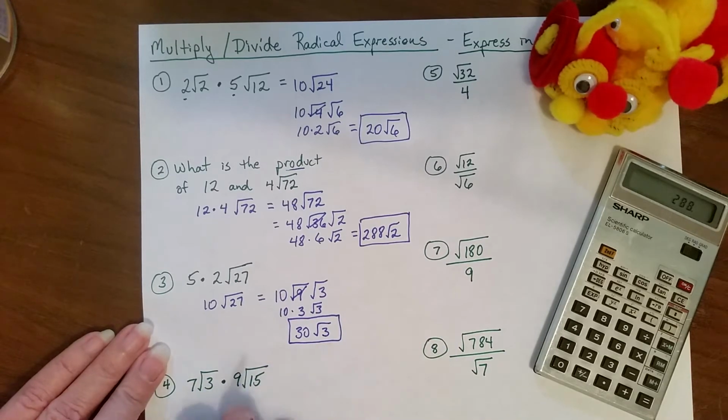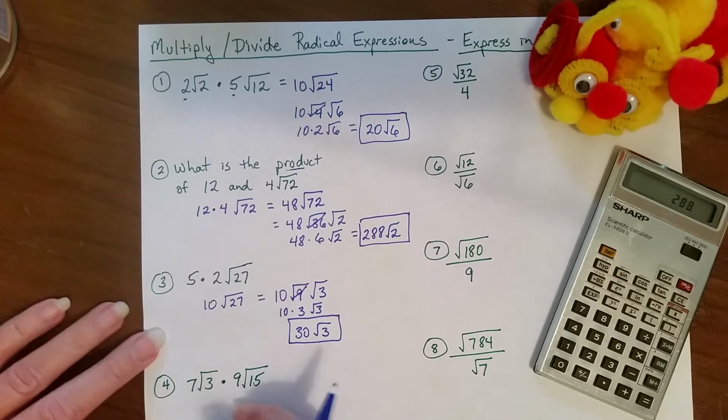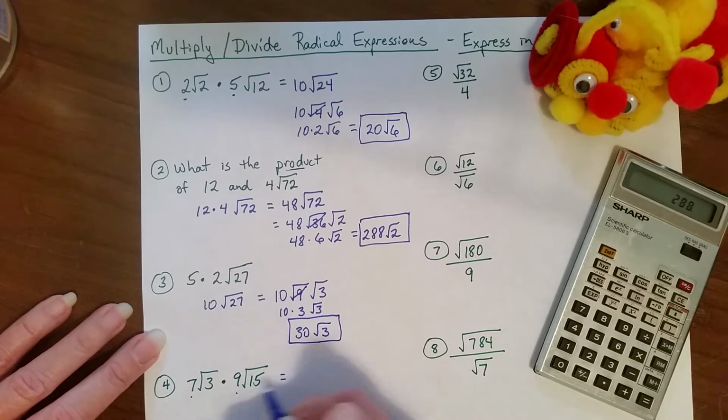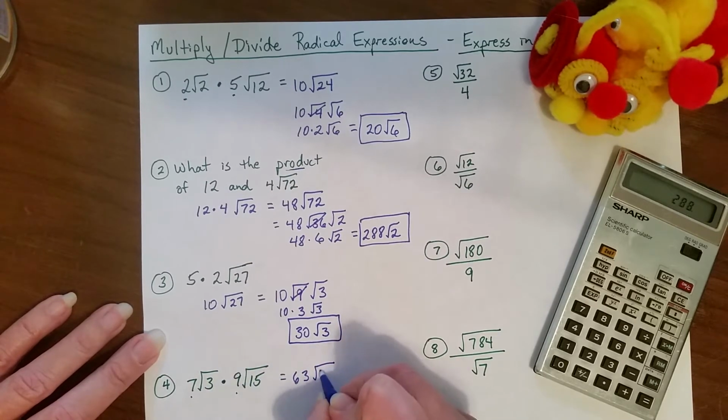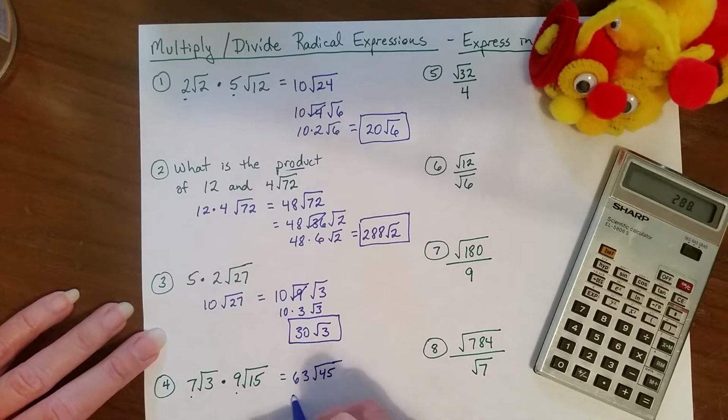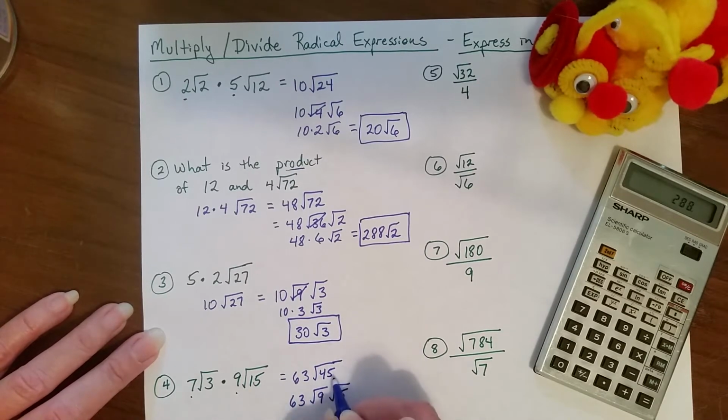Okay, here we go. This one again is more like this one. So I'm going to multiply what's outside. 9 times 7. 7 times 9 is 63. Square root 15 times 3 is 45. Okay, now the largest perfect square factor of 45 is 9. So I've got 63, and then I'm going to split up the square root of 45 as 9 times 5. Now the square root of 9 is 3.